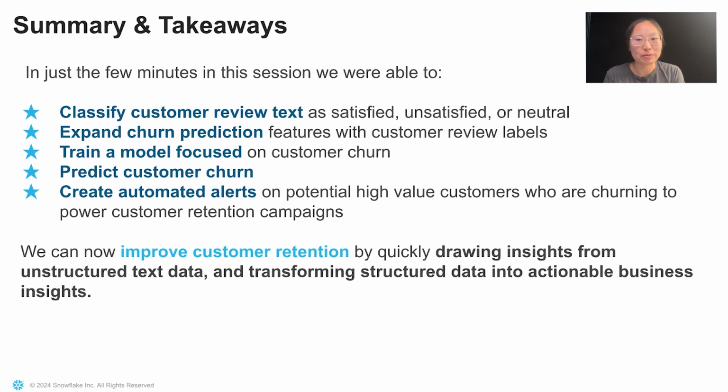Then, we were able to further turn structured data into actionable business insights by building a customer churn prediction model and creating automated alerts on potential customer churns. Now, the Ski Gear Co. company has an end-to-end working system to improve customer retention with the help of Snowflake's AI and ML capabilities.